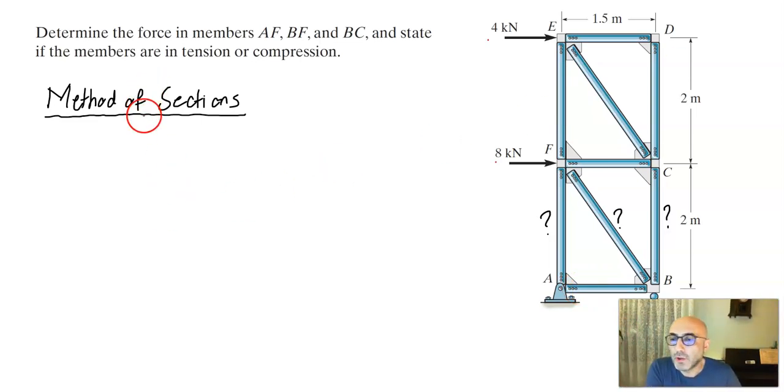Okay. So in the method of sections, we are using an imaginary cut to find these forces, and that imaginary cut here will be applied by passing a horizontal imaginary cut, and write equilibrium equations either on one side or the other side of the whole truss structure.